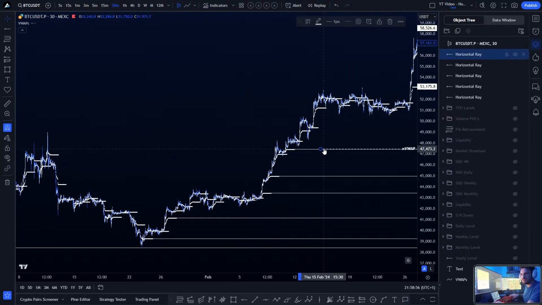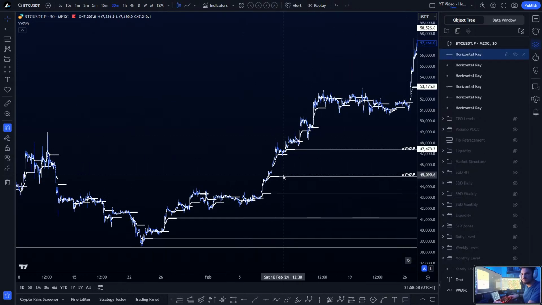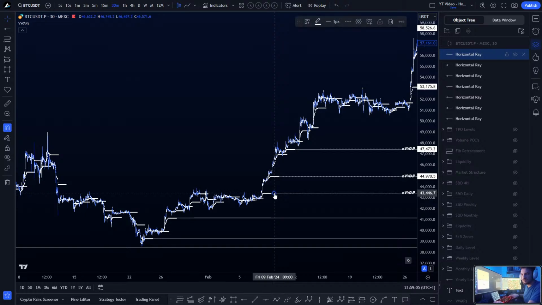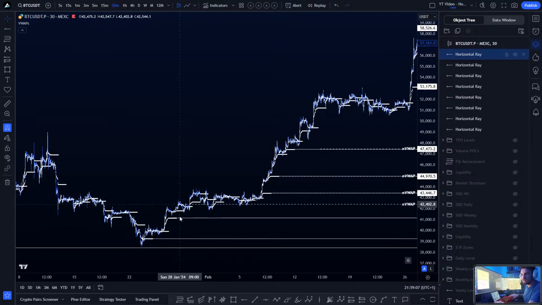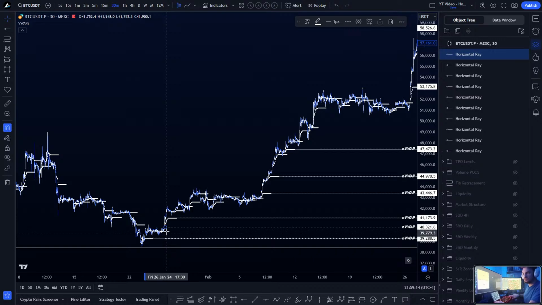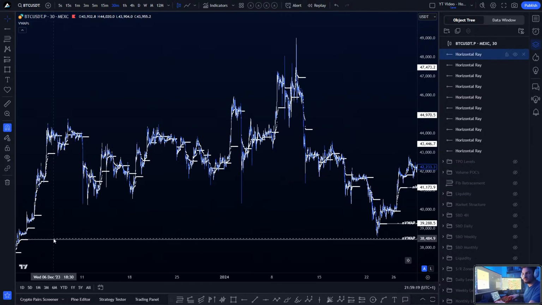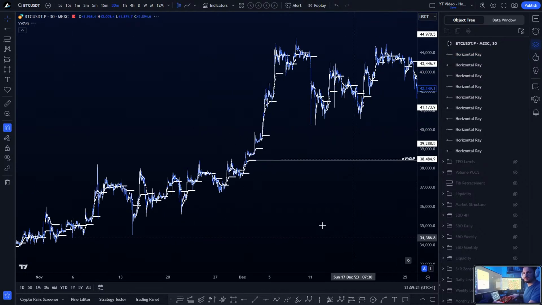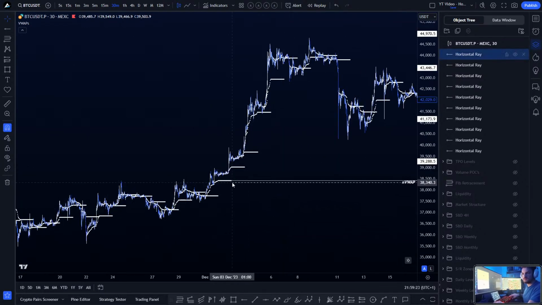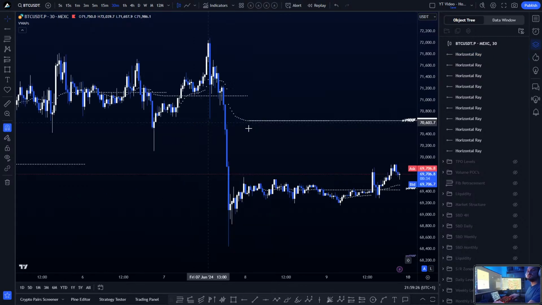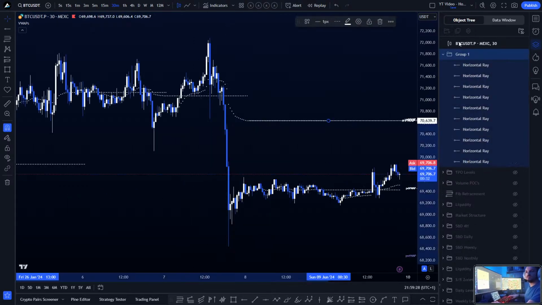If we come down here, we have so many. I don't even know if they will be a reaction point or just a target. VWAPs were not tested on that move up. And we have one here that was completely front run. Okay, these are all VWAPs.